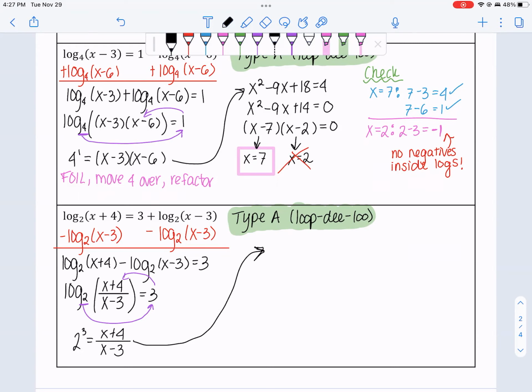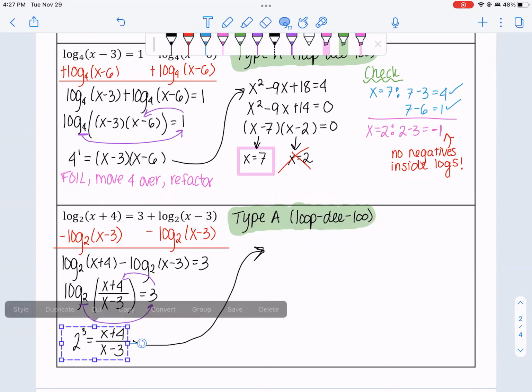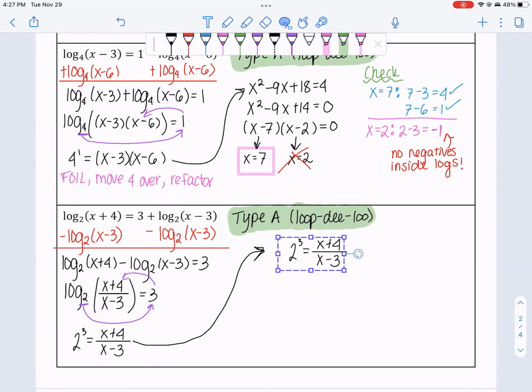Two cubed is 8. So we have 8 equals x plus 4 divided by x minus 3. I'm going to do this the lazy way and just replace this with 8. We want to get this x minus 3 out of the denominator so that we can continue solving for x.